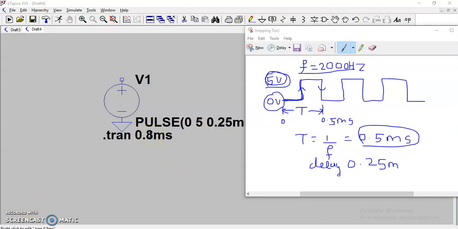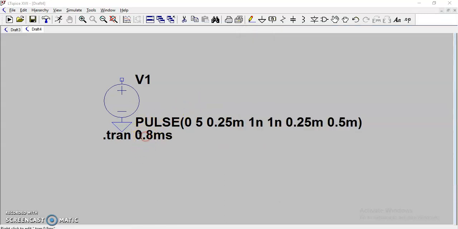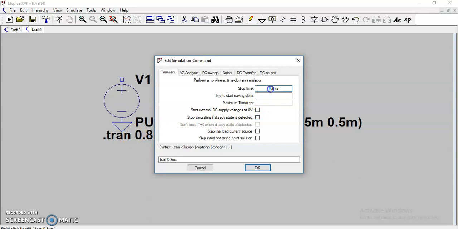Instead of 0.8, if I take 2 millisecond as the stop time, it will generate 4 clock cycles. So let us change this value. Okay, so here right click and then change it to 2 millisecond.